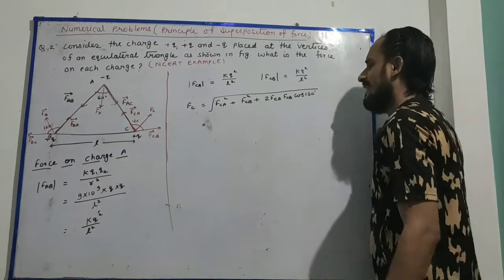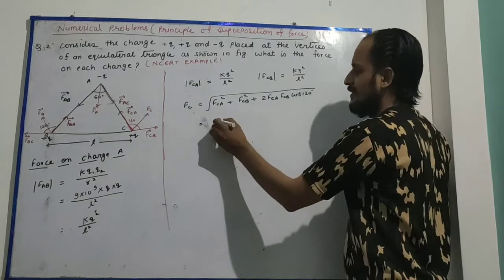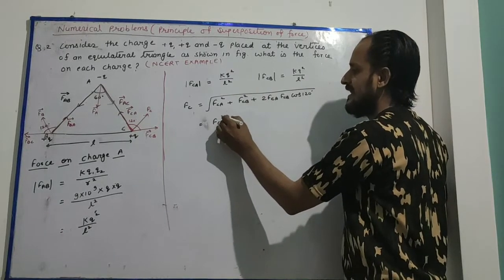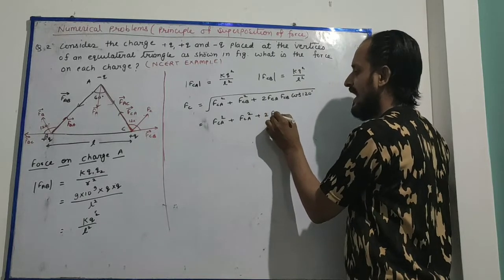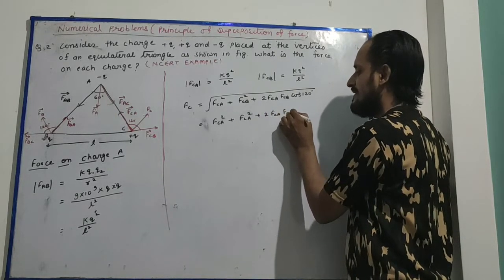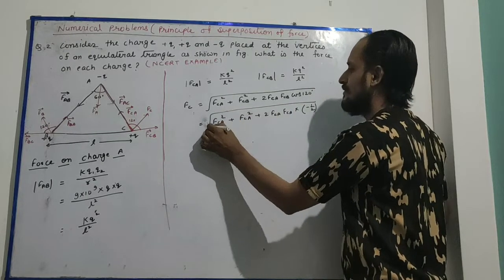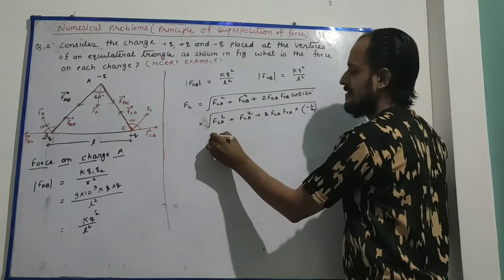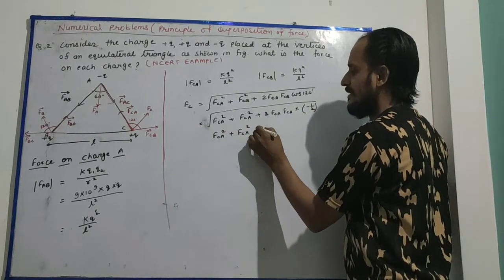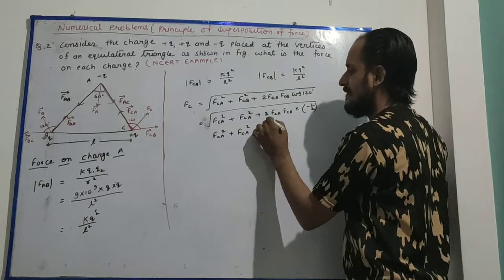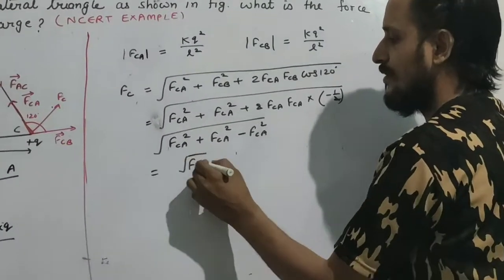No need to calculate it. We know that the resultant equals the magnitude of either, even though we can find it. FCA square plus FCA square plus 2 FCA FCA cos 120 degree, minus half, under the root, the 2 will cancel. FCA square plus FCA square minus FCA square under the root, it comes FCA square under the root.